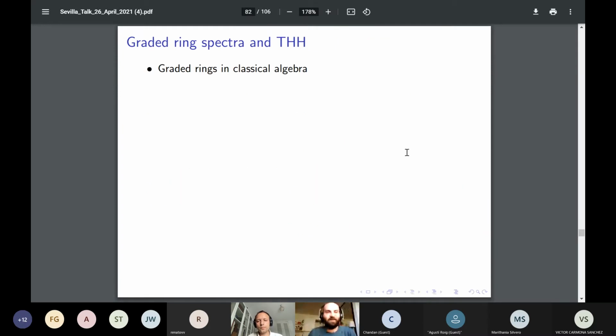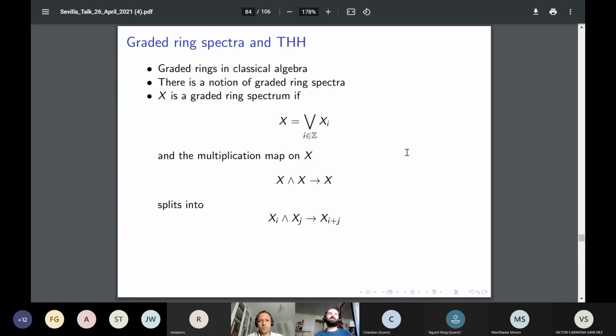Okay, so to say a few things about one thing that goes into our computations: this notion of a graded ring spectrum. You can just take the classical notion of a graded ring and replace all occurrences of coproducts of modules with coproducts of spectra, as shown in here, and define the same thing by replacing the tensor product with the smash product of spectra.